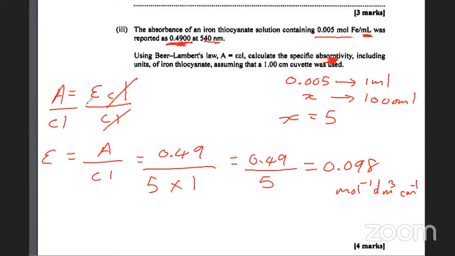Sometimes you will be given E, sometimes you will be given the absorbance, the concentration, and the path length to calculate E. It's just a matter of transposing. Have you never seen this formula?